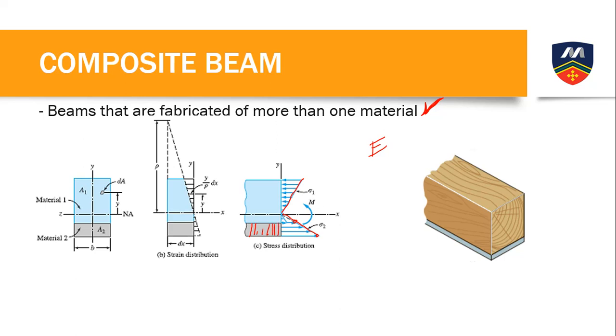So therefore, in dealing with composite beam, a combination of two materials, ang atong himuon is we convert para uniform ang ilahang material. I-convert nato ang isa ka material, i-transform nato siya to the material na ihang kauban in the beam, for example.